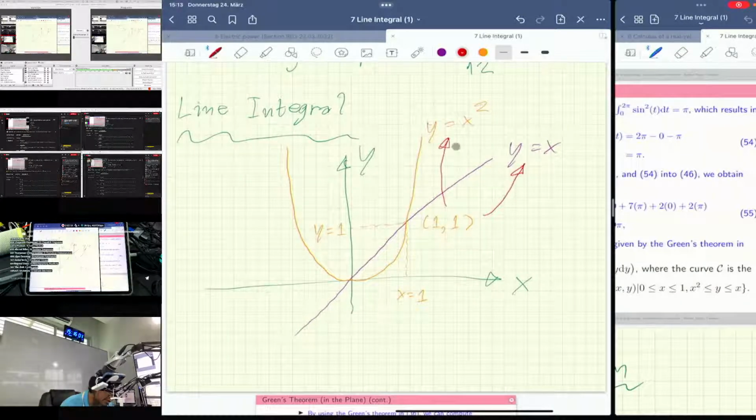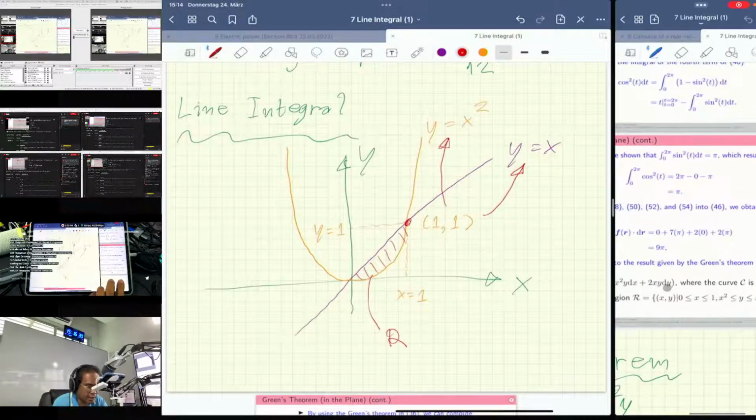So this curve passes through 1, 1. And 1, 1 lies on the straight line y equal to x, which is this point. And the region R will be this one. This is region R.